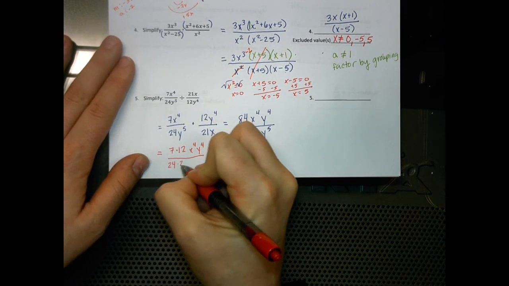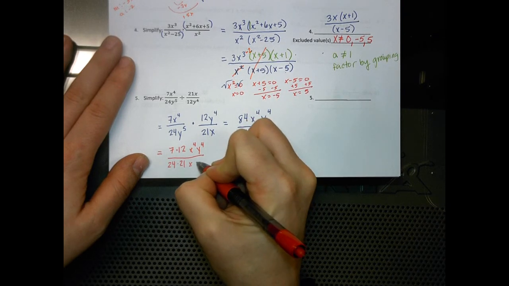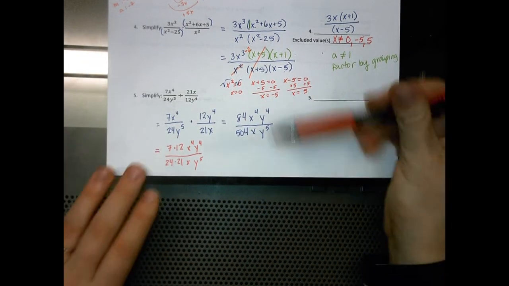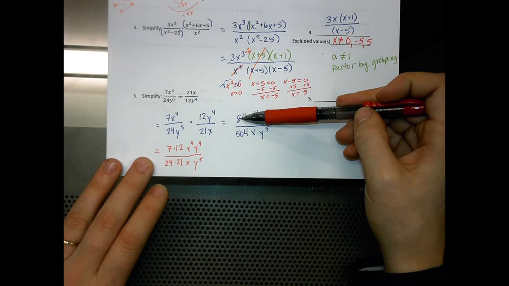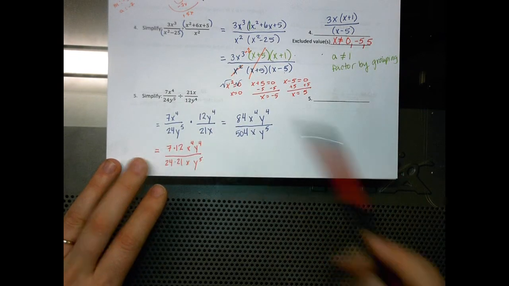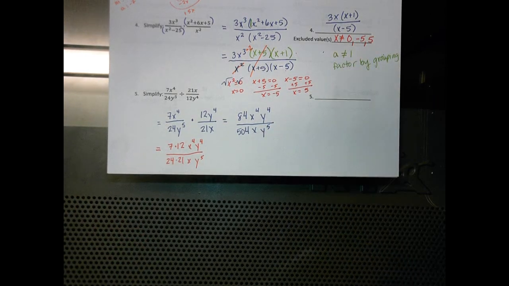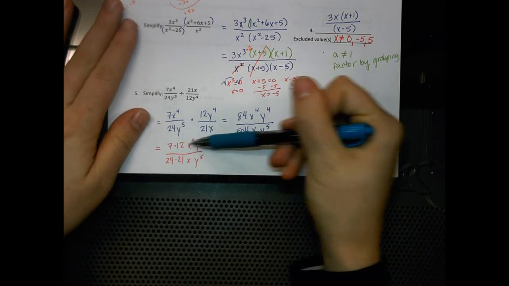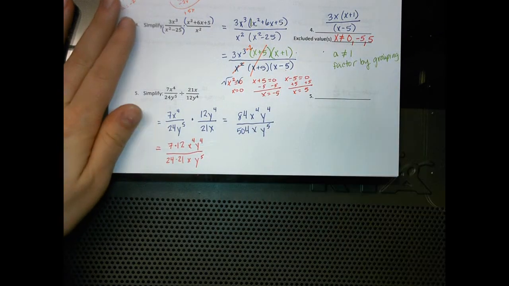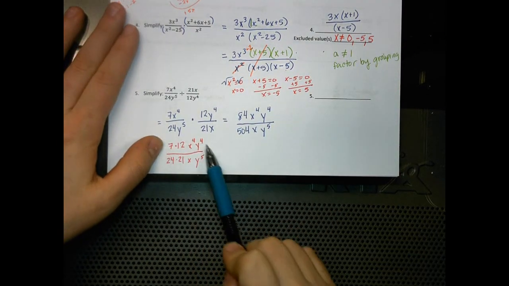Same with the 24 and the 21. So if I decided, let's not multiply those together, let's just set them next to each other, I still have factors. Factors are things that you can divide out. What is this numerator divisible by? Give me at least one number this numerator is divisible by.